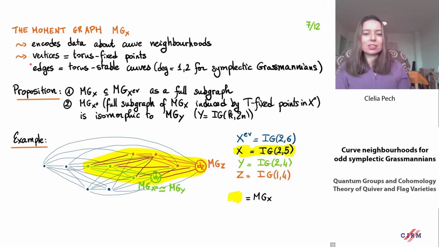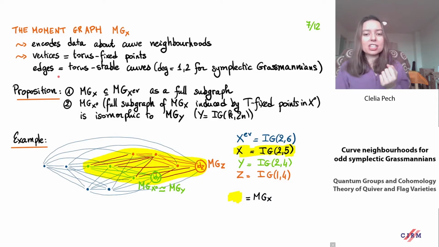The vertex set consists of all the torus fixed points. So I'm going to start talking about the moment graph of a homogeneous space. Then I look at the maximal torus in the group acting, and then I look at the fixed points for that torus action. And I have one torus fixed point for each Schubert variety.